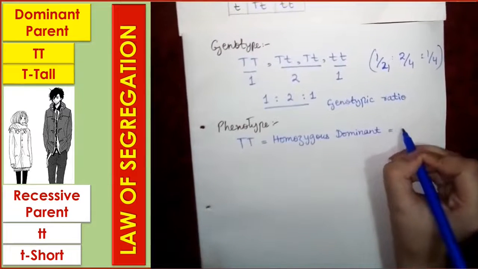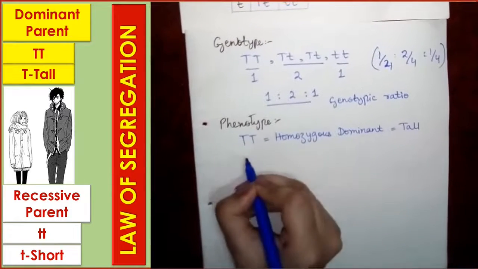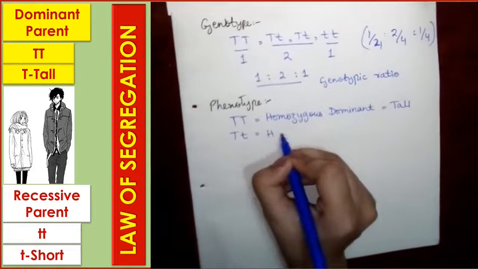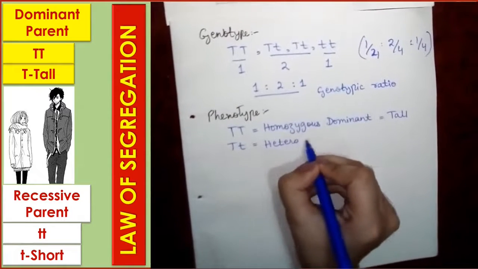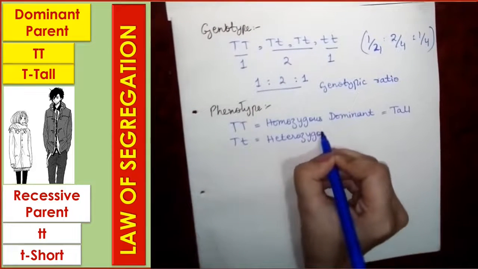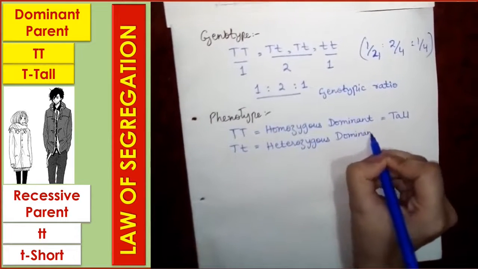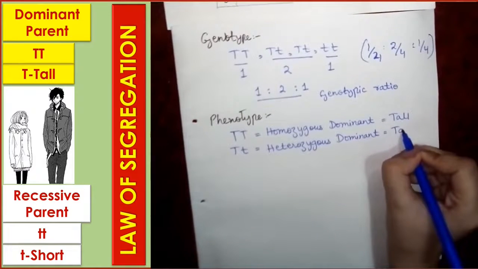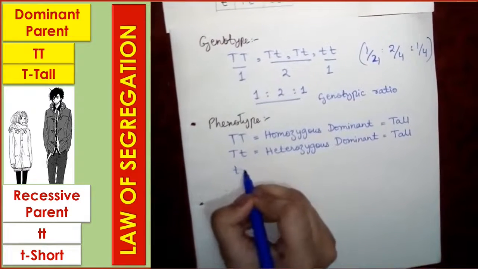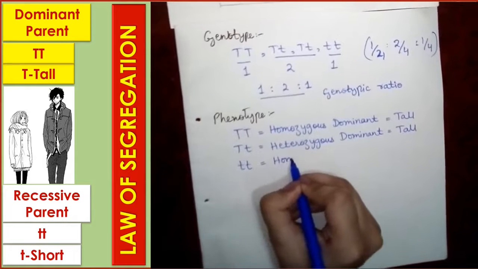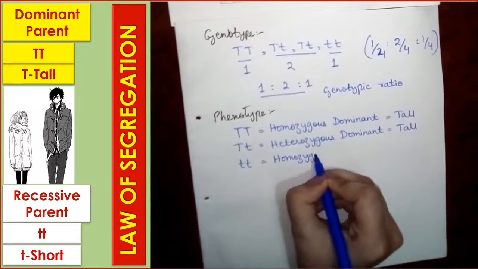The second one is capital T small t. This will be heterozygous dominant, which means that this offspring will again be tall in height. The third one is small t small t. This is homozygous recessive. Small t is for recessive, so this offspring will be short in height.